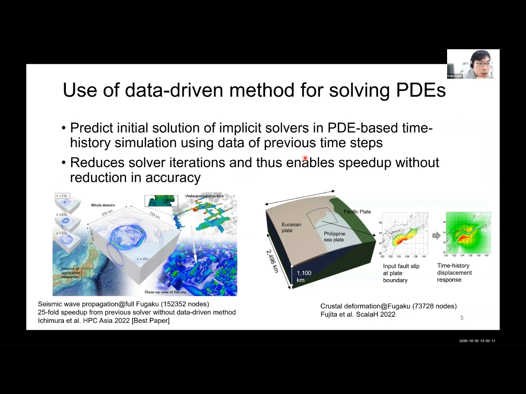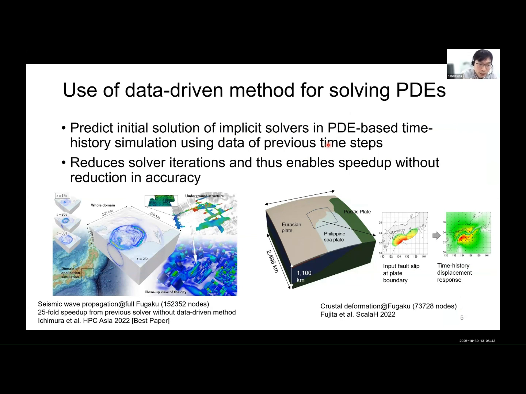To do this kind of many-case or large scale simulation in an efficient manner, we are now trying to use this data-driven method for solving PDEs. Here we use a predictor to predict the initial solution of implicit solvers in PDE-based time history simulation using data of previous time steps.